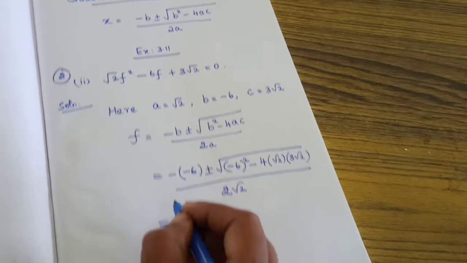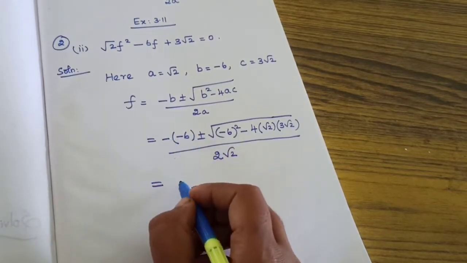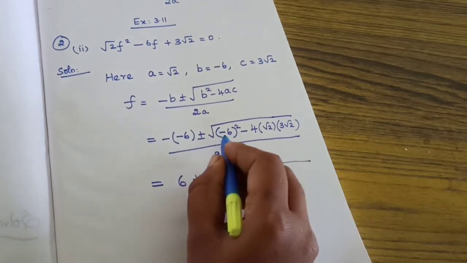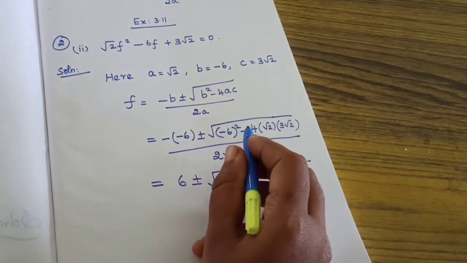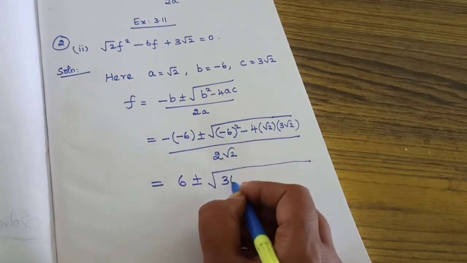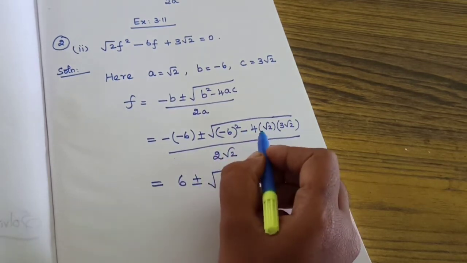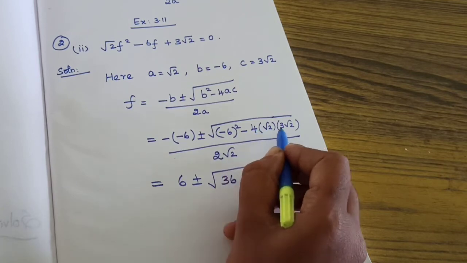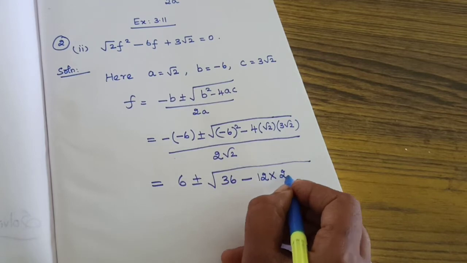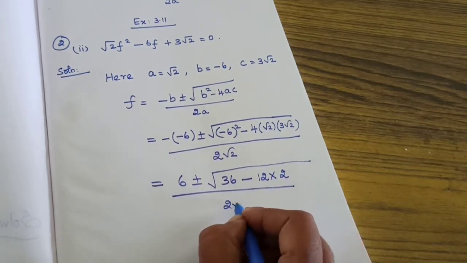Minus into minus is plus. So 6 plus or minus square root of 36, since minus square means plus. Correct? 6 square, 6 into 6, so 36, minus. Here multiply the whole numbers first: 4 3s are 12. Then root 2 into root 2 is 2. Divided by 2 root 2.